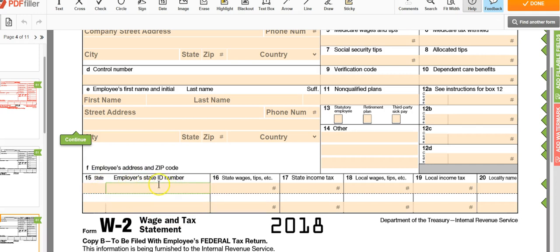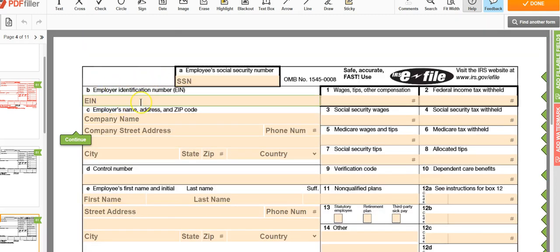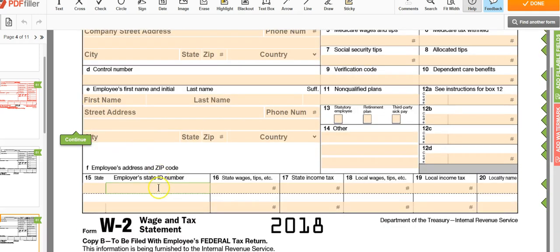Now, the employer's state ID number usually is the same as the employer identification number up in section B where I showed you. But some states actually have a different number. So that's important to know, again, especially if you're DIYing your own taxes. You want to know and understand these things. Sometimes this number is different.